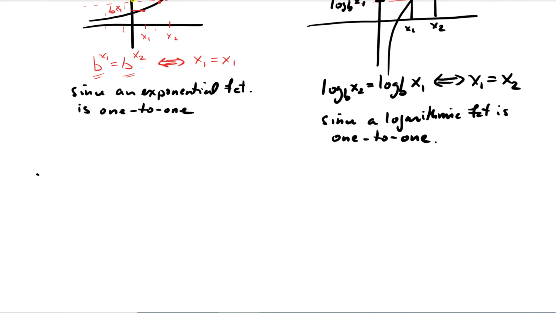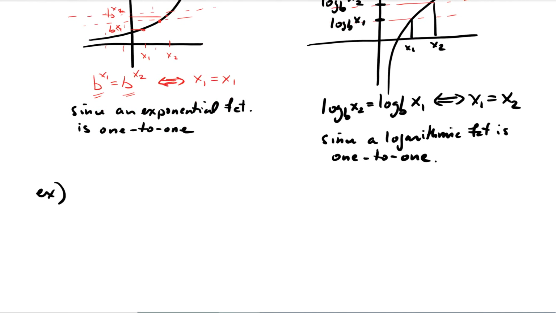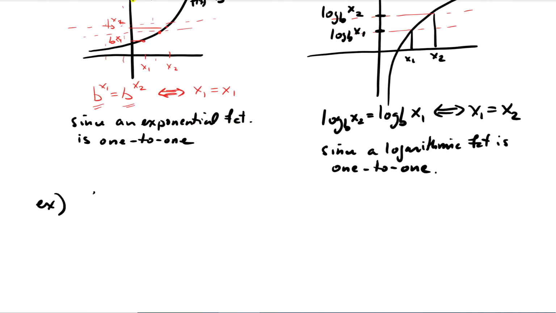So I'll give you an example where we use this. For example, I'm going to use the first principle, the one-to-one. Exponential functions are one-to-one. So let's say I want to solve 3 to the 4x minus 7 equals 9 to the power minus x. Okay.